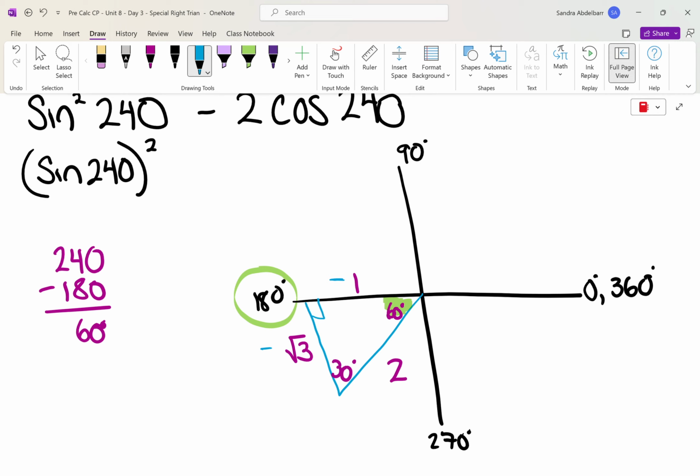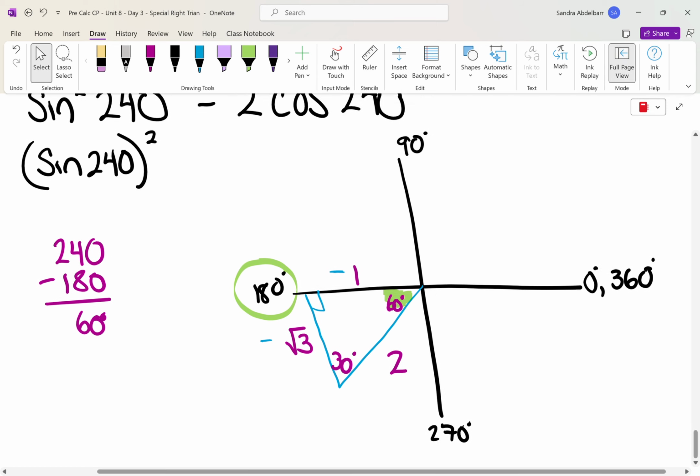Across from the 30 is 1, across from the 60 is root 3, across from the 90 is 2. In this scenario, both our 1 and root 3 will be negative.